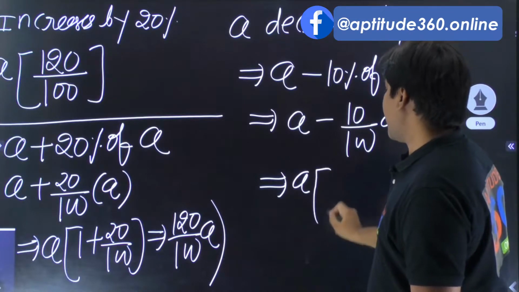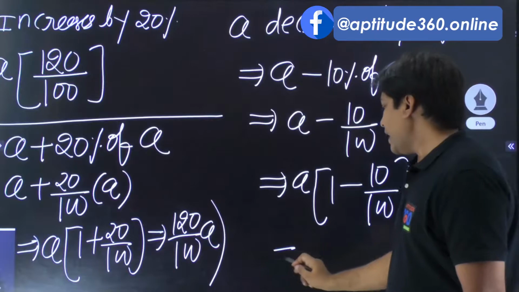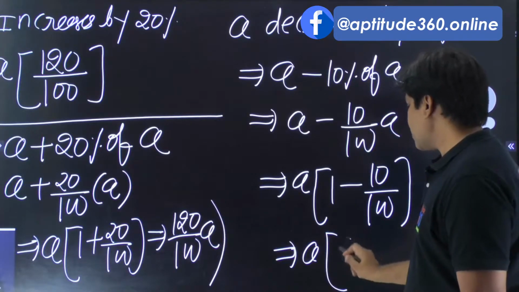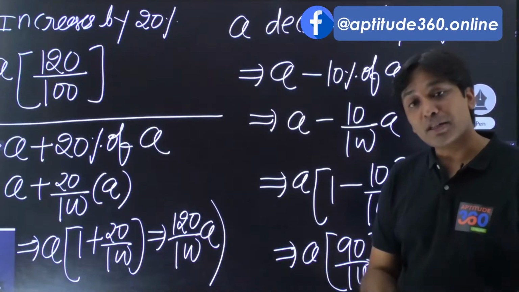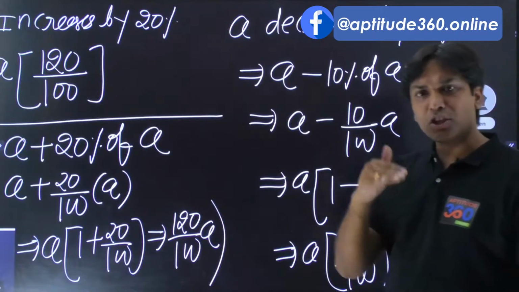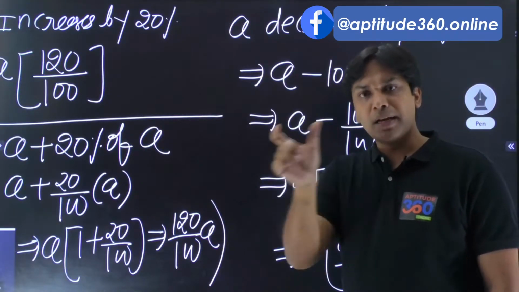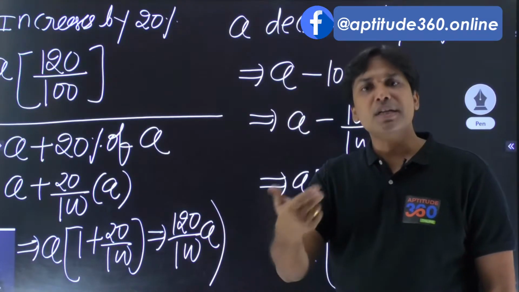So if I take A common out of it, and simplify this further, it is going to be 90/100. You don't have to write all of this. If A is decreasing by 10%, you can in the numerator write 100 minus 10, which is 90. If A is decreasing by 20%, in the numerator it is going to be 80.